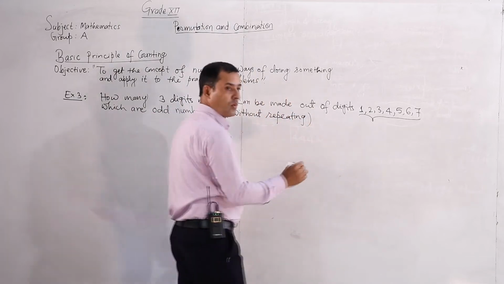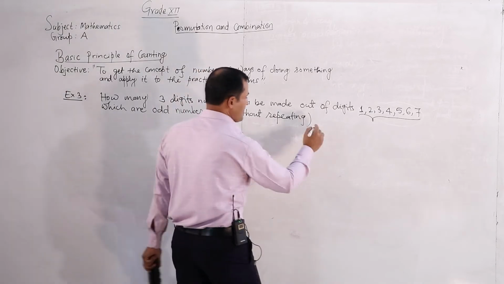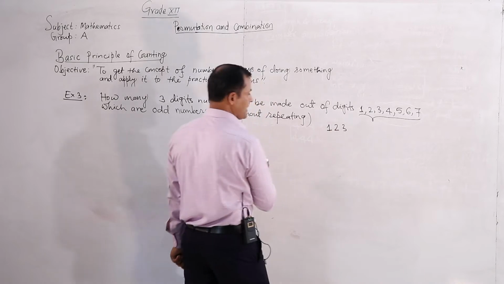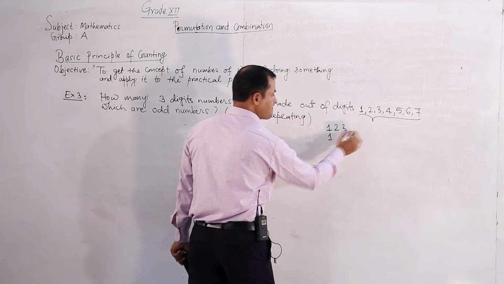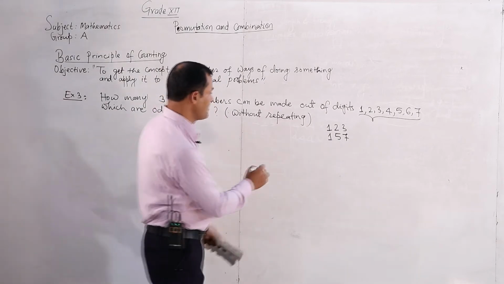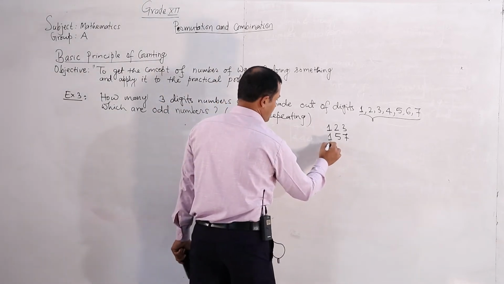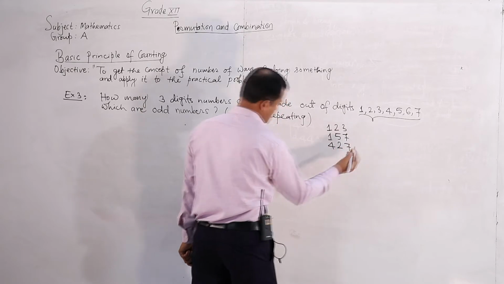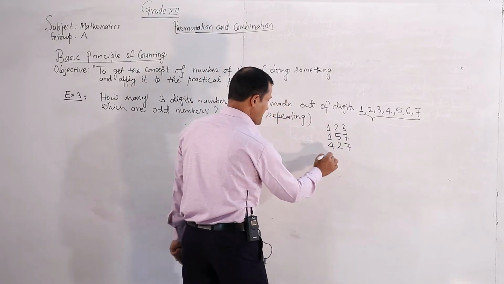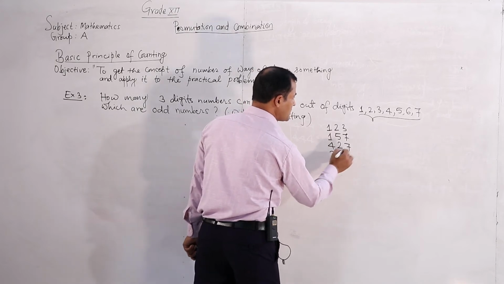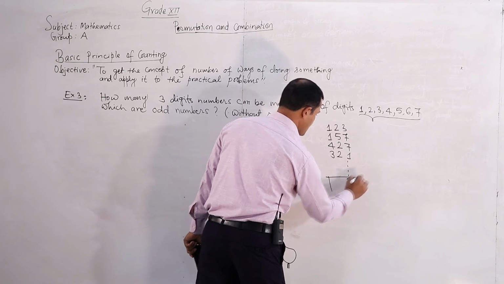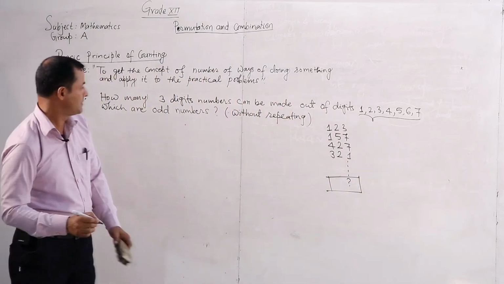So what is this question asking? Numbers like 1, 5, 7 are odd 3-digit numbers. 4, 2, 7 is also okay. Even numbers are not allowed here. 3, 2, 1 is okay. How many numbers of this type can you form?